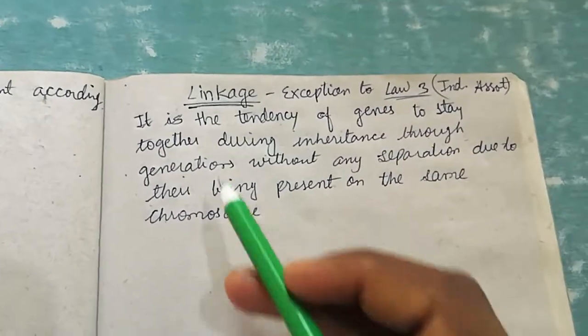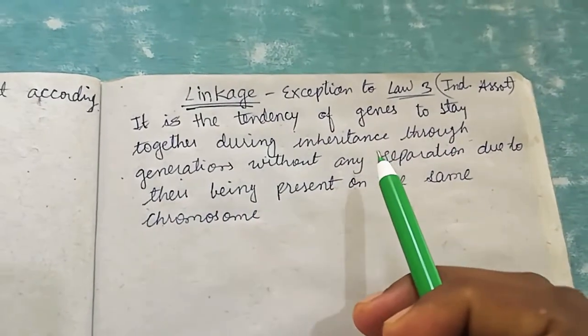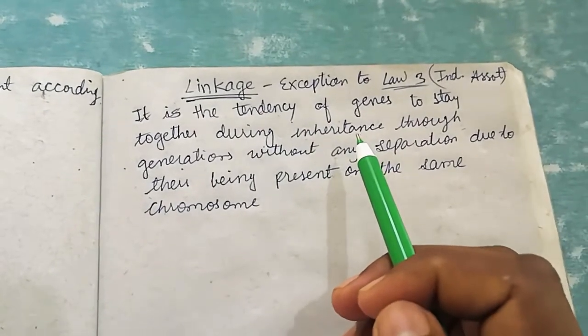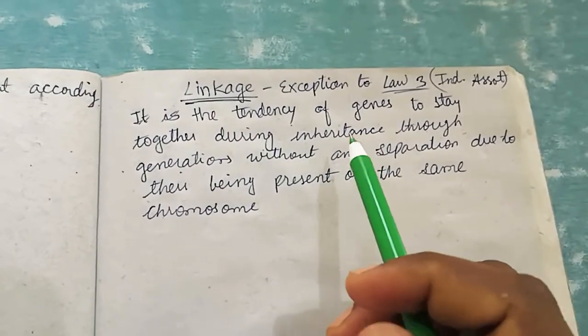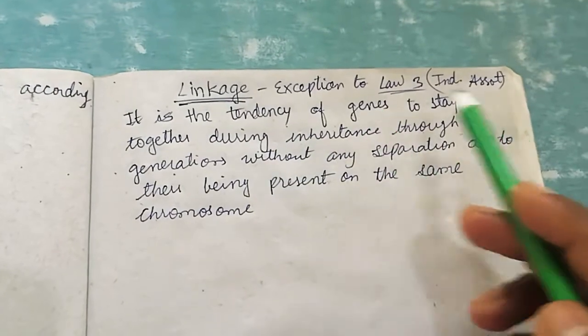So what is linkage? It is the tendency of genes to stay together during inheritance. Usually in inheritance, when the gametes are crossing over, the genes will separate. That means the genes have to assort independently.